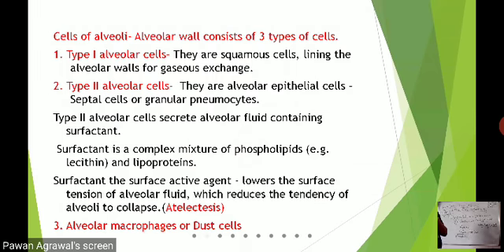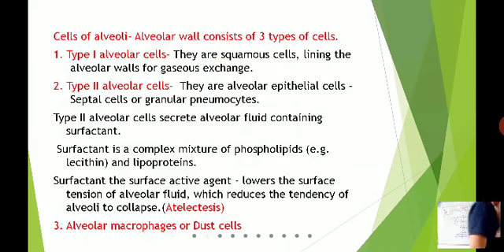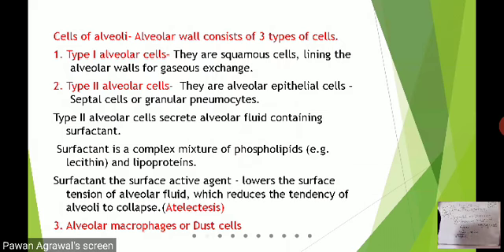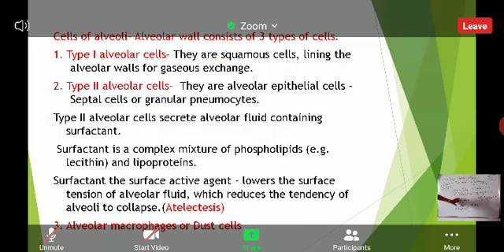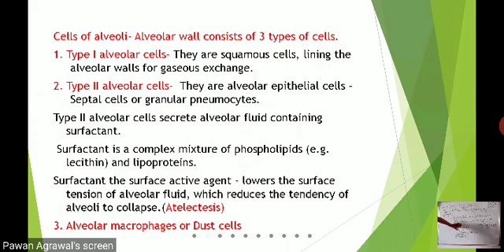So what is surfactant? Surfactant is a chemical substance which is secreted by the type 2 alveolar cell. It is a mixture of lecithin plus lipoprotein, a phospholipid. It reduces the surface tension of alveolar fluid and it helps lungs to expand. That is very important.